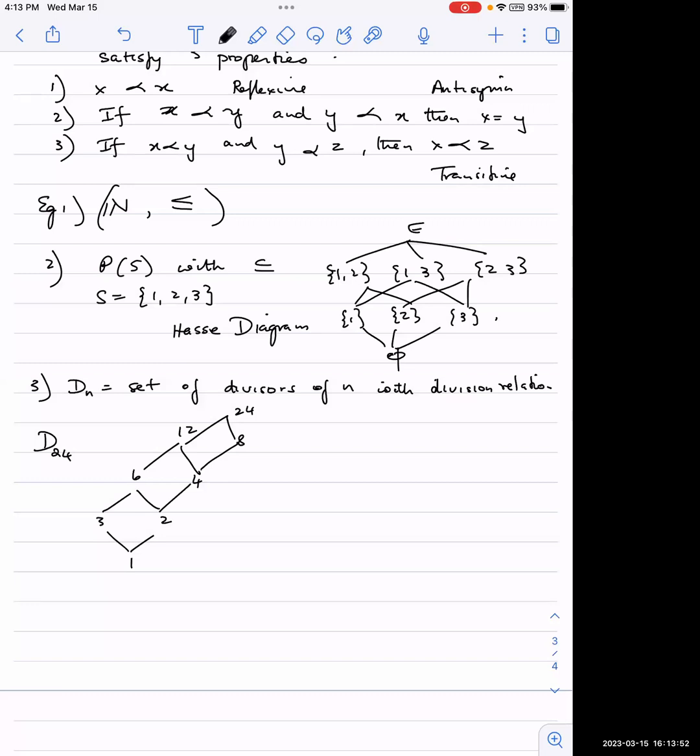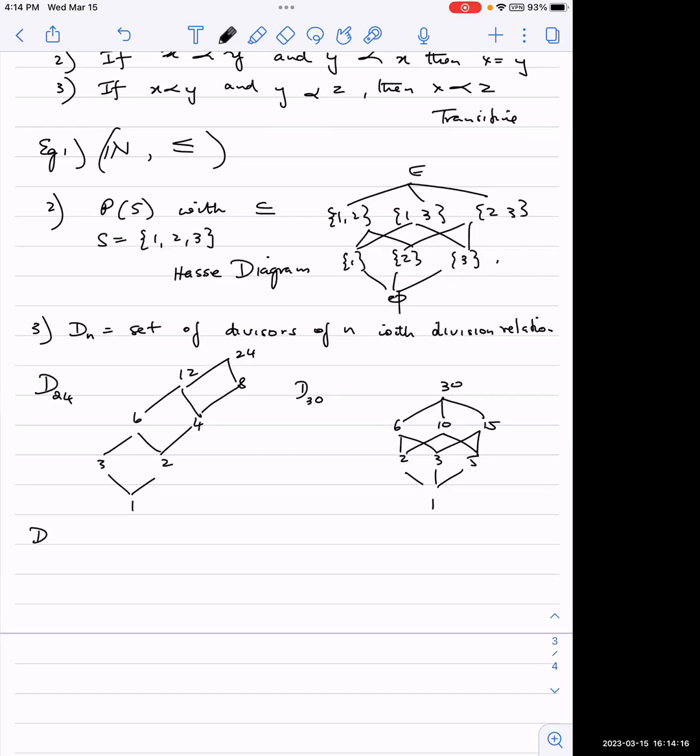And if you take the divisors of 30, you get a shape that's very similar to example 2: 1, 2, 3, 5, 6, 10, 15, and 30.